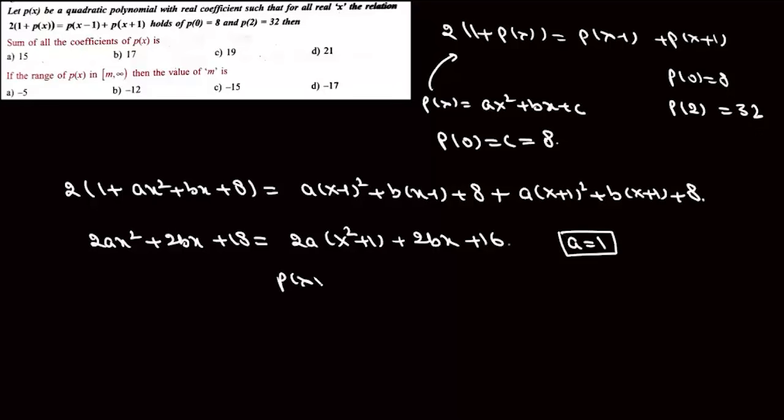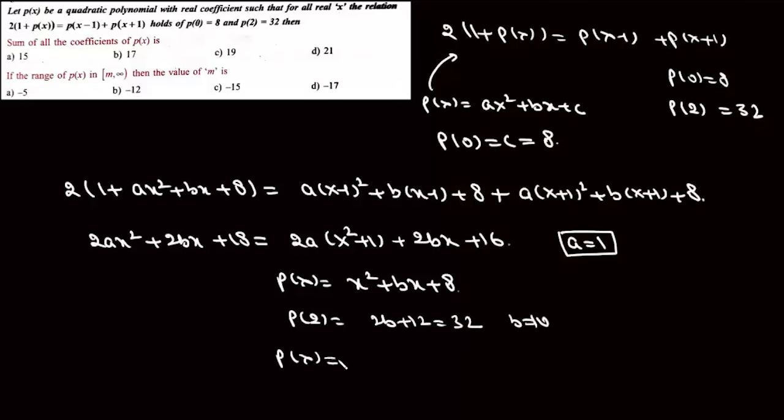So p(x) should be x square plus bx plus 8, and we are given p(2) is 32. So p(2) will be 4 plus 2b plus 8, that is 2b plus 12 equals 32. Value of b is 10. So this polynomial p(x) will be x square plus 10x plus 8.